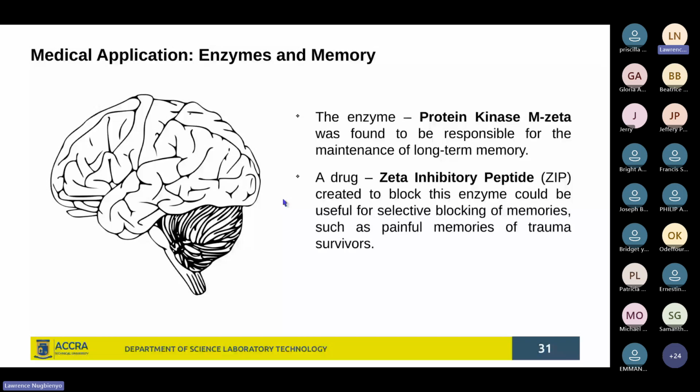So the drug is used to control that sort of condition in these people. So you can see this drug again is actually developed based on the knowledge of an enzyme.